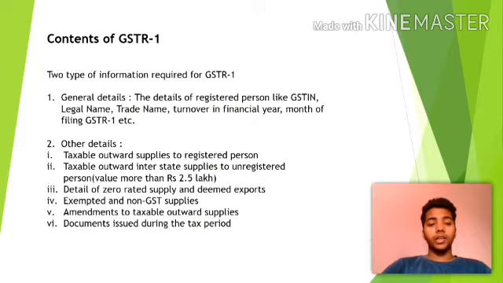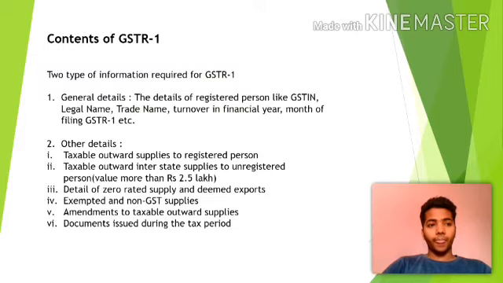So guys, here are the two kinds of information we need to file the GST return. General details are related to the suppliers and recipients, and the other details are related to the supplies of goods and services.